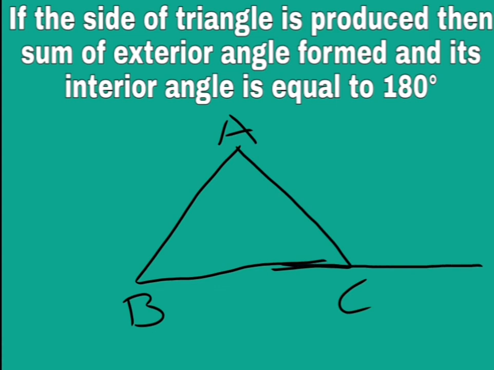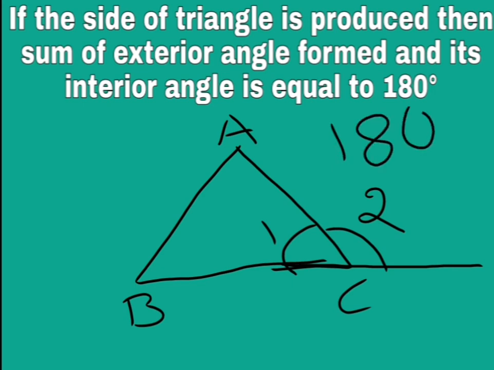Now after extending, we get one exterior angle at point C. At the same point C, we have the interior angle also, which is inside the triangle, right? According to this property, when we add this interior angle and this exterior angle, our sum is always equal to 180 degrees. So these 1 and 2 form a linear pair, which gives 180 degrees.